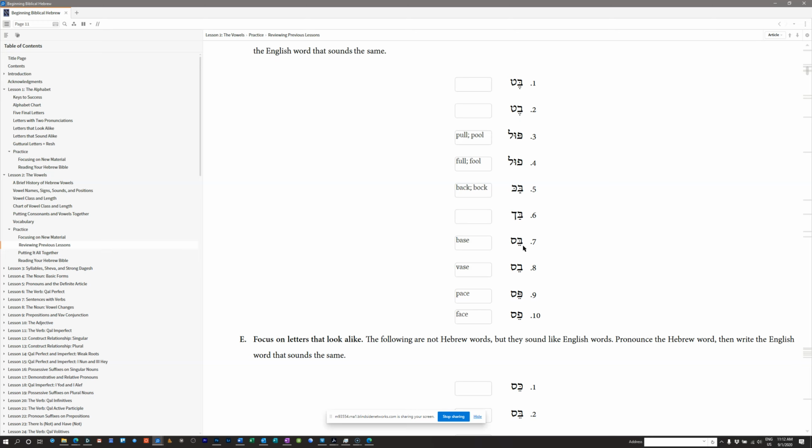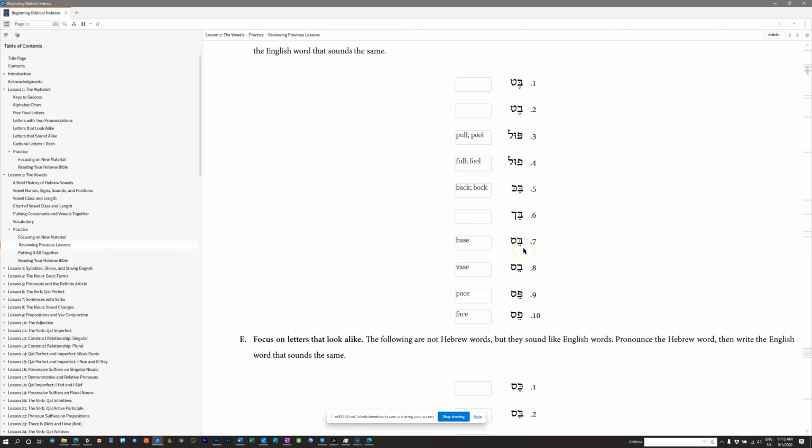All right, so going back here to exercise number 7 and number 8, the difference between the two is the dagesh and the vet. So we've got bass for number 7 versus vase for number 8. Remember that sere is the A sound.